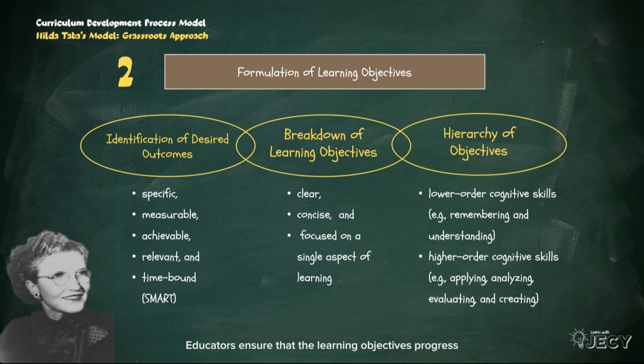Educators ensure that the learning objectives progress logically from basic knowledge and comprehension to more complex skills such as analysis, synthesis, and evaluation. By formulating these learning objectives, educators provide clear guidance on what students are expected to achieve and how their progress will be assessed throughout the instructional process.